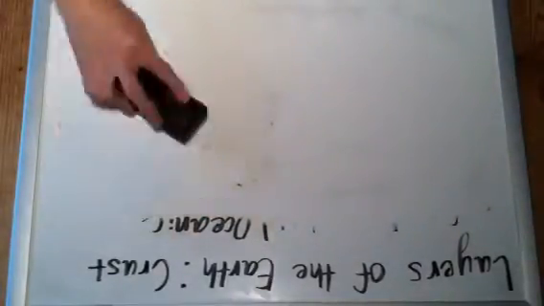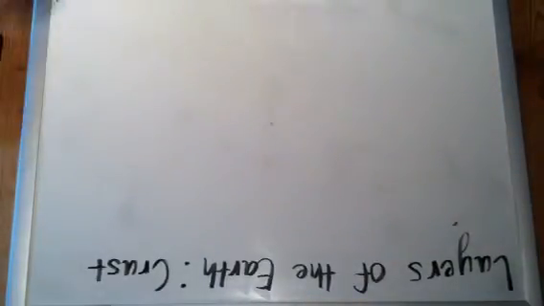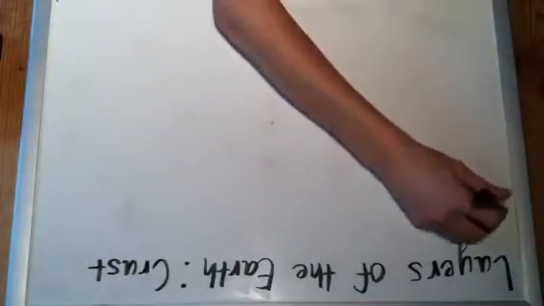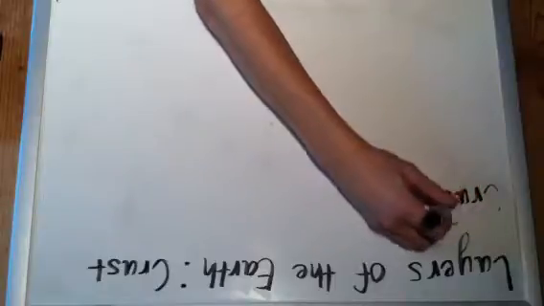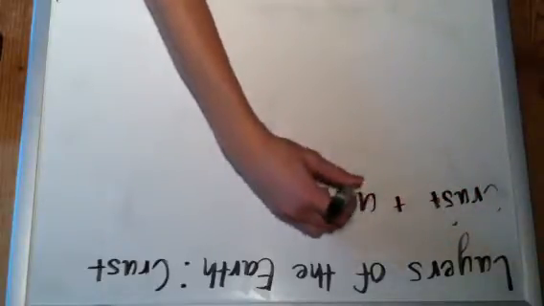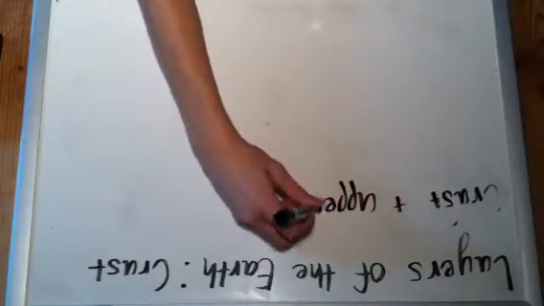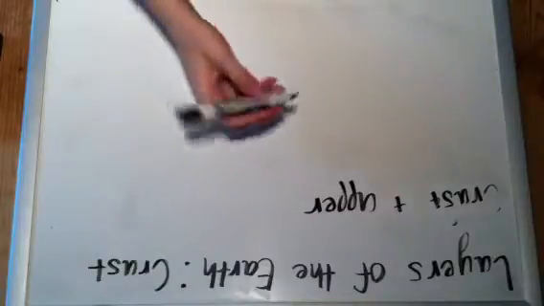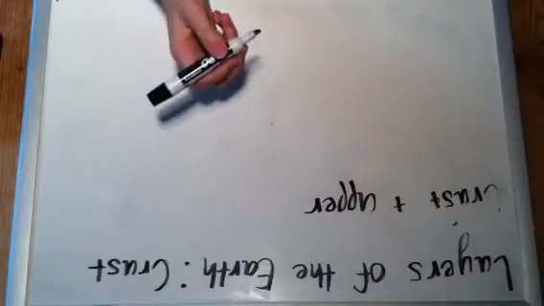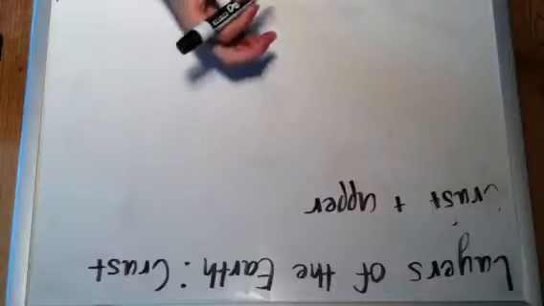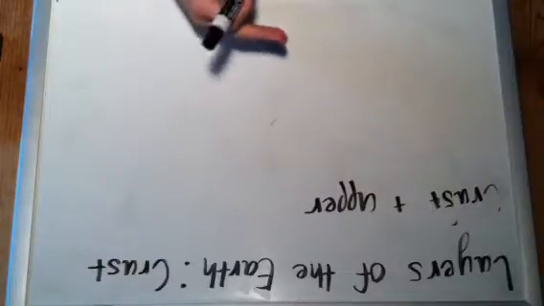Some other facts. The crust and the upper mantle, meaning the very top of the mantle, which we'll get into in the next video, the upper mantle is also rigid, much closer to being fully solid than the rest of the mantle.